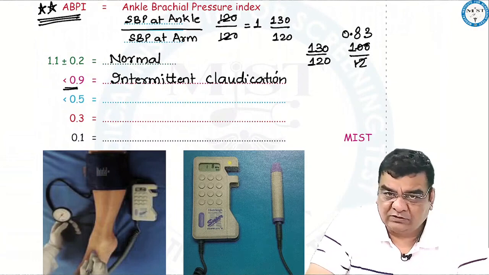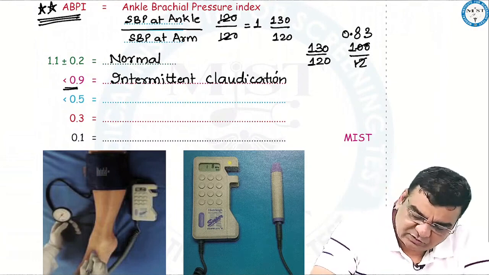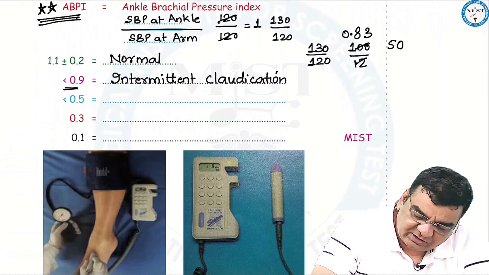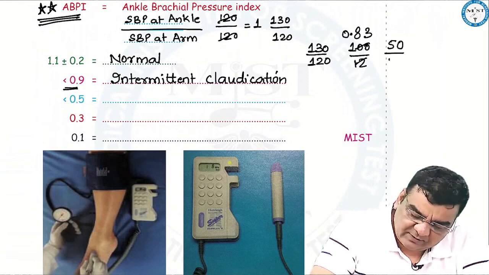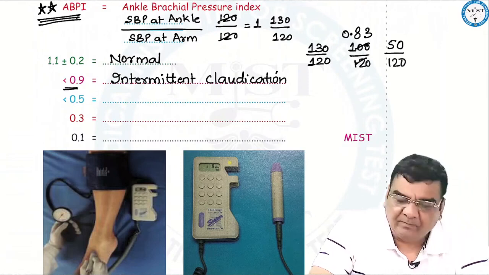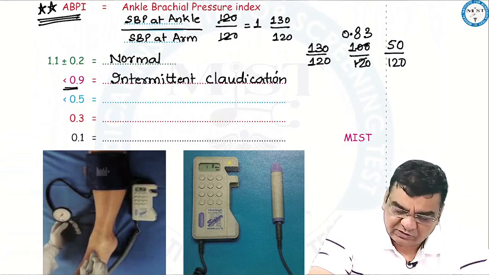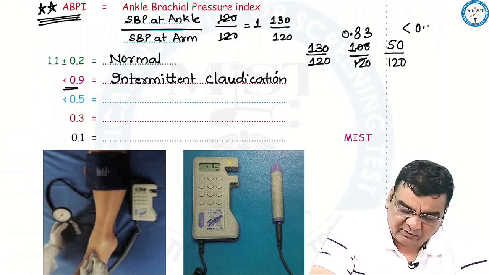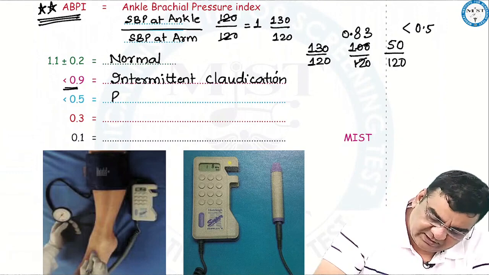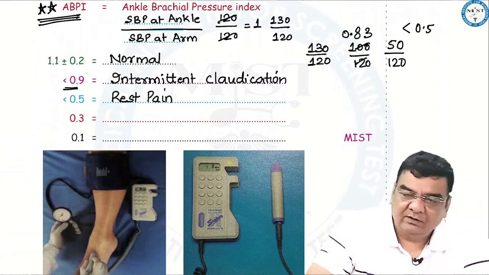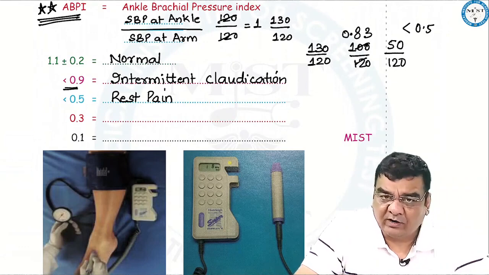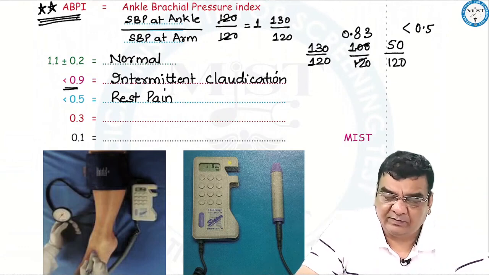But suppose the obstruction has increased to such an extent that the pressure has gone down to say 50 by 120, now this ratio would be less than 0.5. This indicates rest pain. That means now there is a moderate to severe traffic jam which is developing.